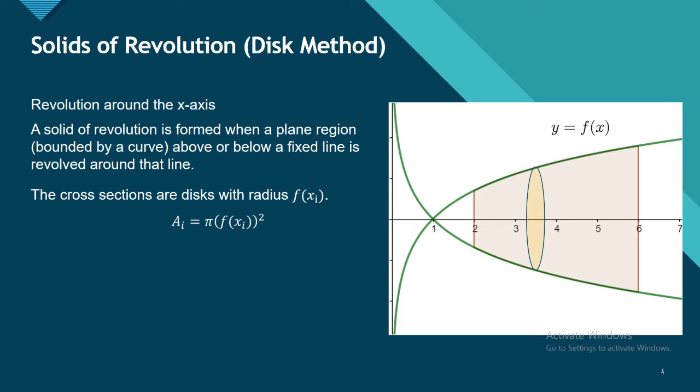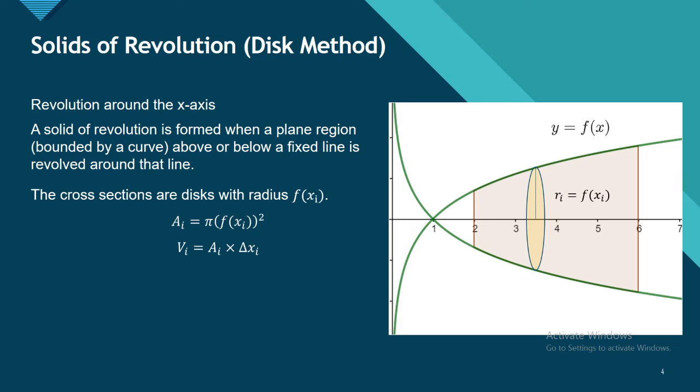The area of each of those disks is pi times the square of the radius, so it's going to be pi times the square of f of x sub i. Where is f of x sub i here? The length of that vertical line, the radius of a disk, will give you f of x sub i.